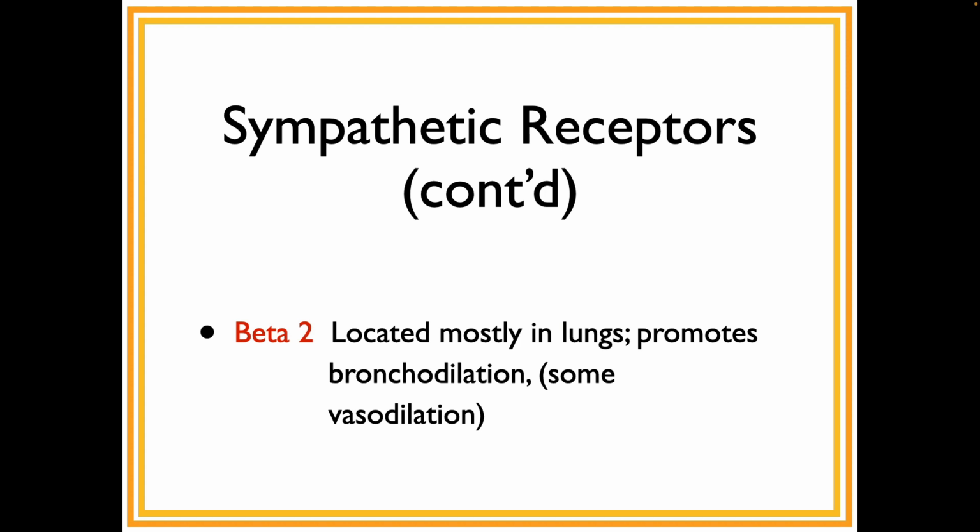Who are your patients that really need bronchodilation? What type of patients? Yeah, and do you know the most common first-line drug we give them? Albuterol. Albuterol stimulates beta-2, okay?